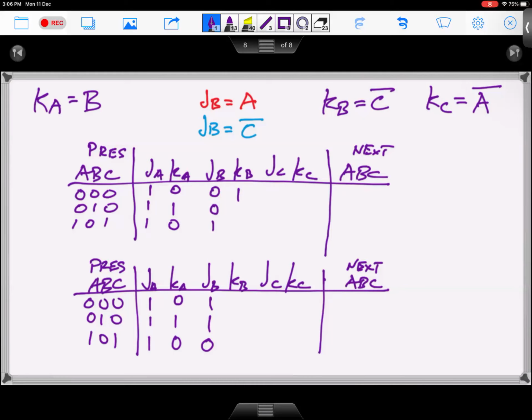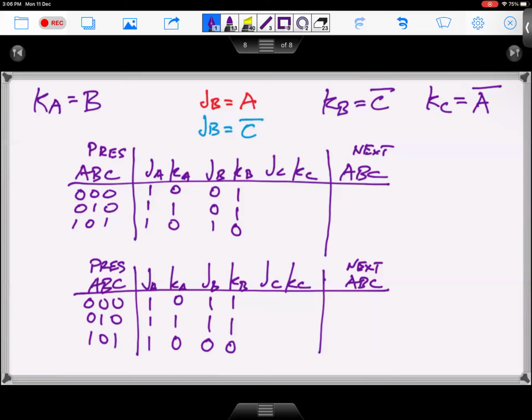I'm sorry, something here is not looking right. Yes, it is actually. Sorry, that's correct. Okay, so KB is C bar. Sorry, JB, KB, C bar. All right, so where do we have now?